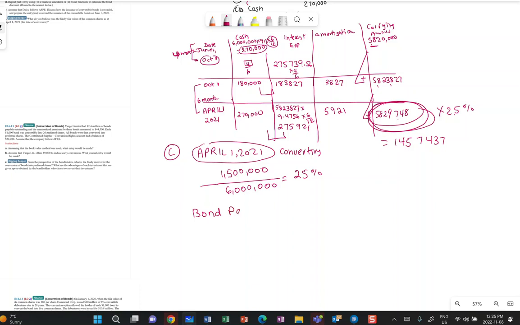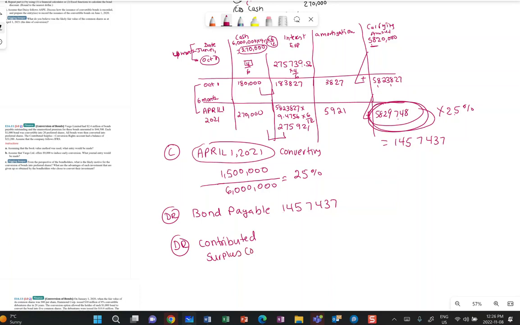So debit will be bond payable, in this case the amount will be 1,457,437. That's the value of the bond. Then of course, if you're converting the bond, the other part will be debit contributed surplus conversion.